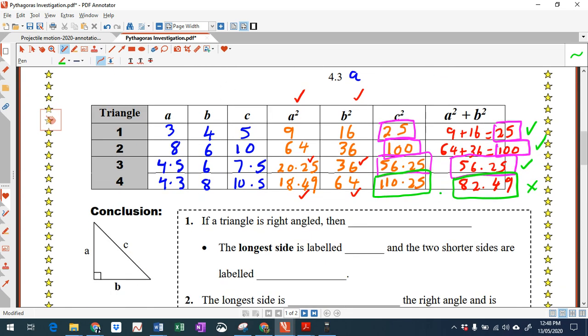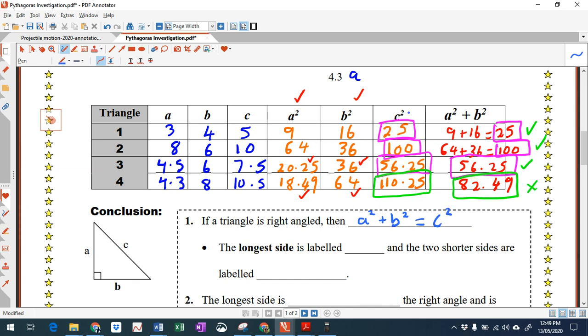So what we can say then is, if a triangle is right-angled, then the A squared plus B squared number equals the C squared number.